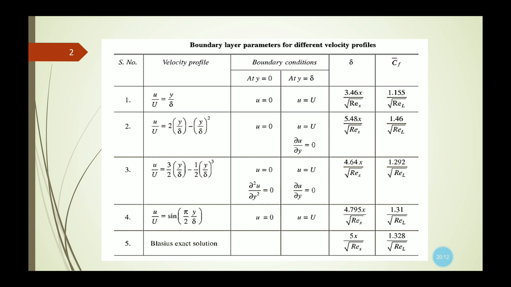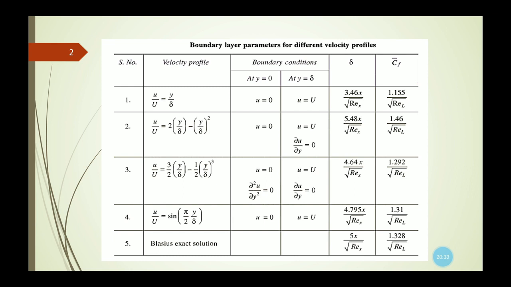There is a rule that if no velocity profile is given in the numerical, then by default we choose the last one in this table, which is the Blasius exact solution, as the default velocity profile. Corresponding to this Blasius solution, the formula for delta, as you can see, is 5x divided by root under Rex.